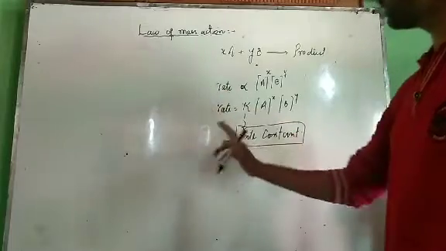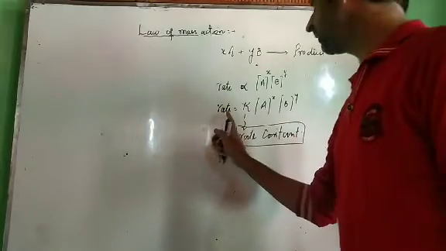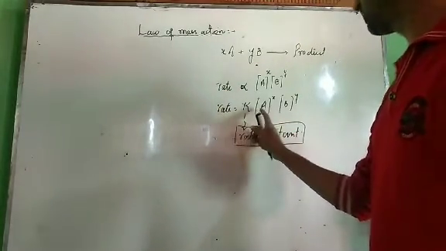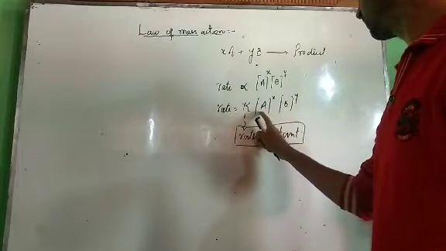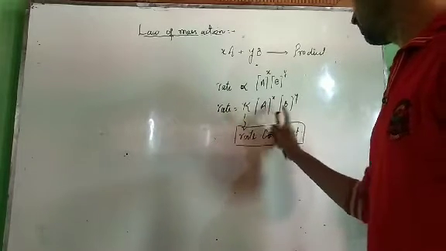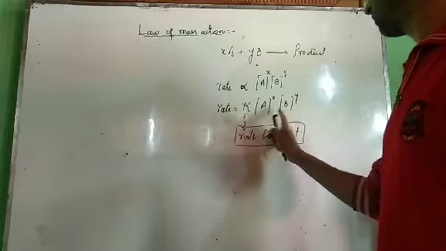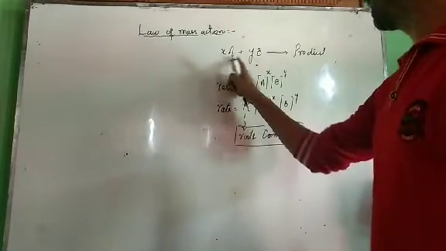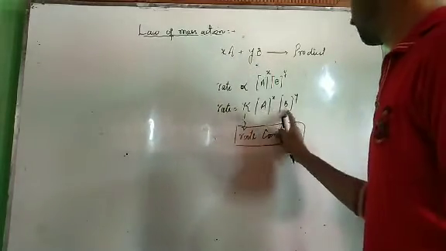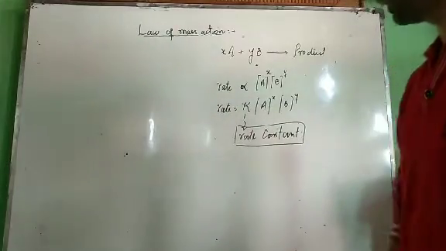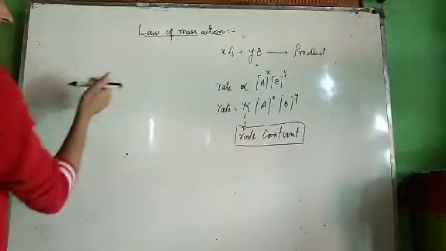Therefore the law of mass action states that the rate of any reaction is directly proportional to the product of active masses, which are in square brackets, of the reactant molecules, that's A and B, raised to the power of their stoichiometries. We can define the law of mass action here.